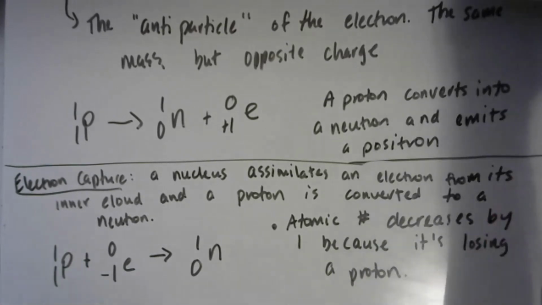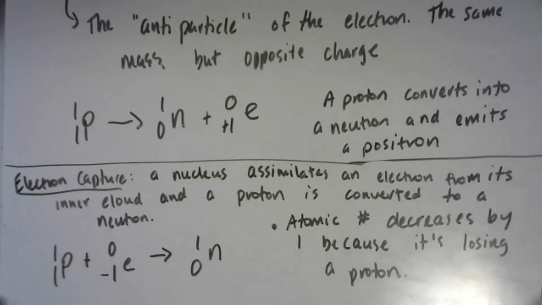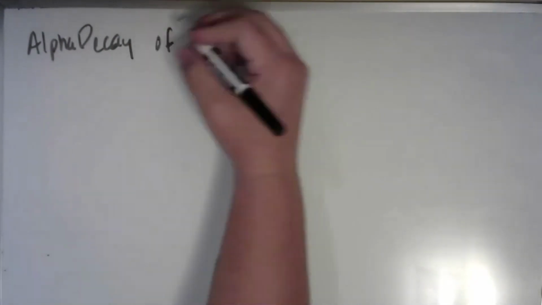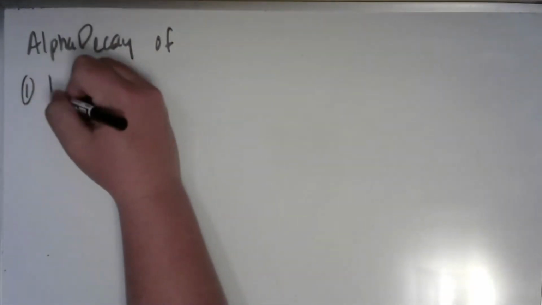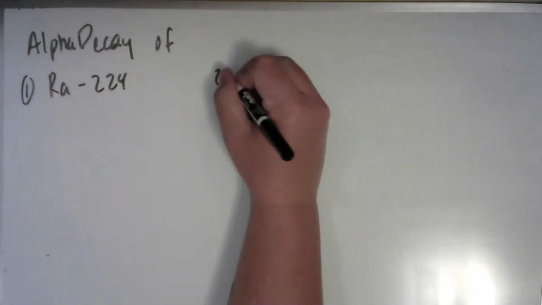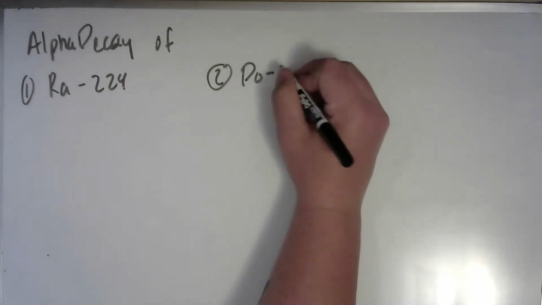Now, because we've looked at all the different types of nuclear decay, we can actually look at these next few problems, and we'll have a better idea of what to do with them. So that first question that we put up asked us to write the nuclear equation for the alpha decay of two isotopes, radon 224 and polonium 216.